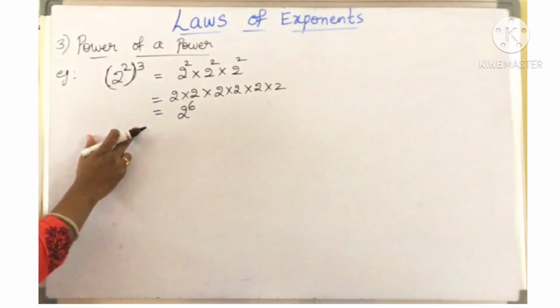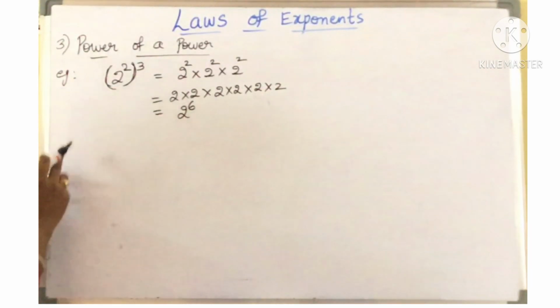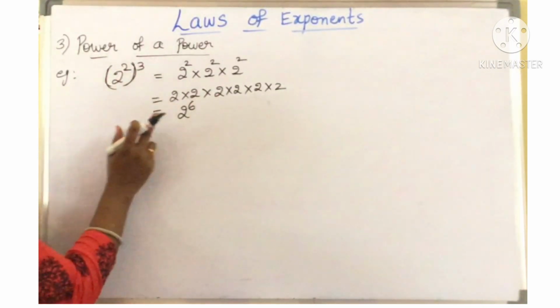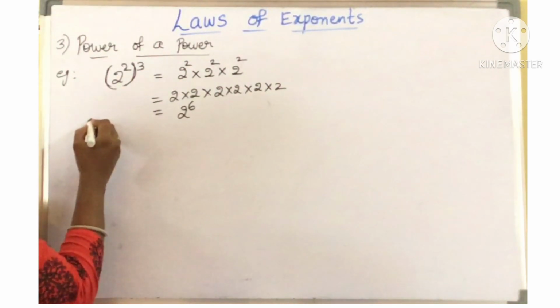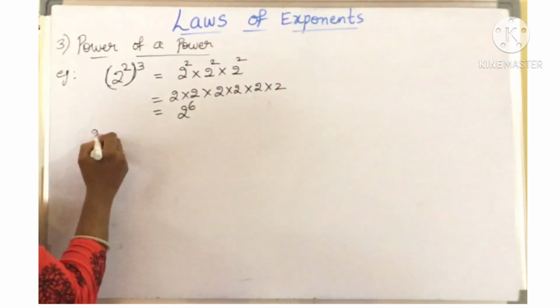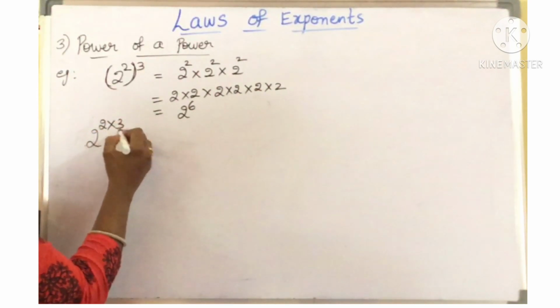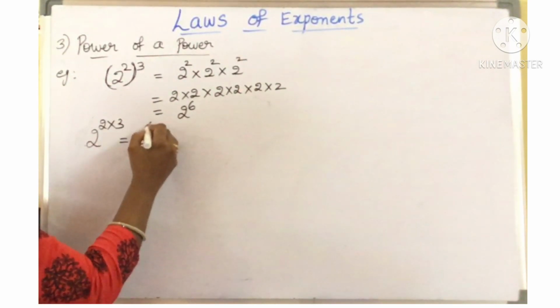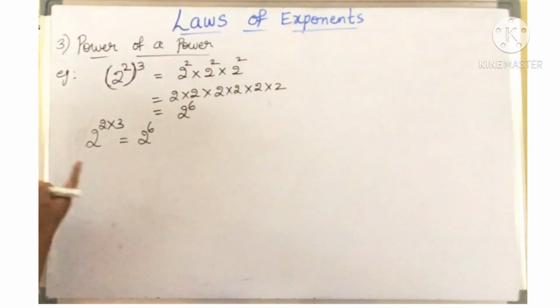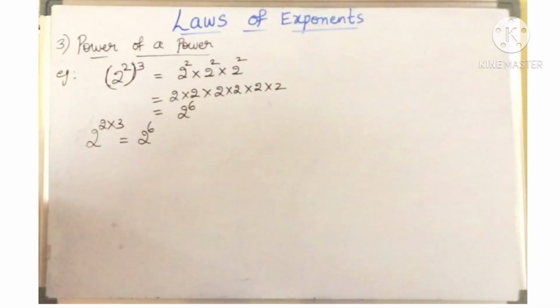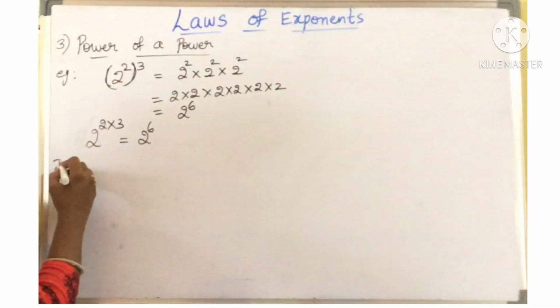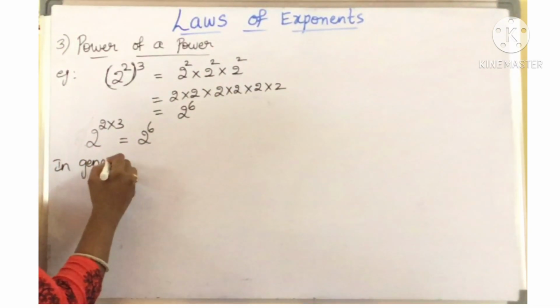Okay. Study the pattern, children, of the power notations in this example, and let us complete the general relation. If you see, here 2 is there, here 3 is there. So 2 to the power of, when you multiply 2 into 3, how much are you going to get? 2 to the power of 6. Yes, so to raise a power to a power, multiply the exponents. That is the condition. So in general, how are you going to write?